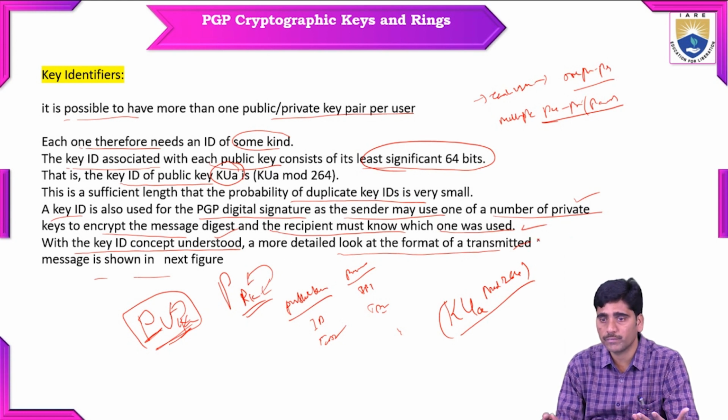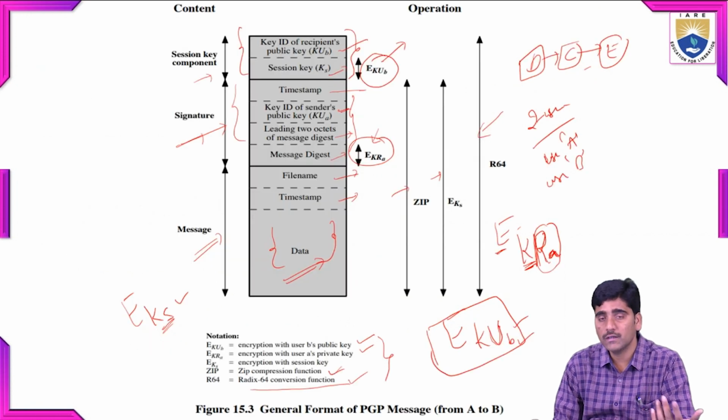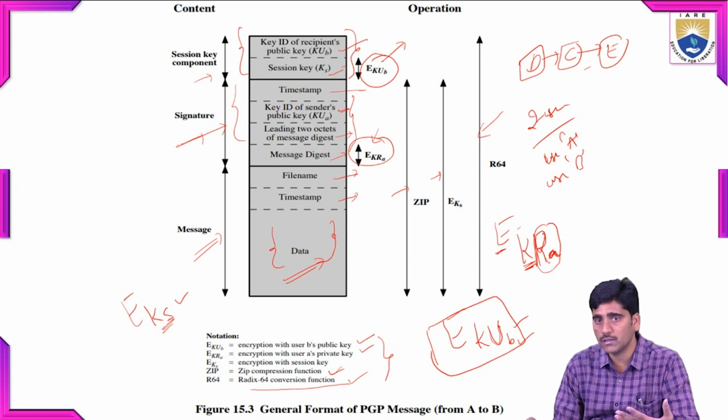Then the message format: the session key component, signature, message, and notations, encryption with the user's public key, encryption with the user's private key, encryption with the session key, a compression function, and a radix conversion function. All these are contained in the file format.